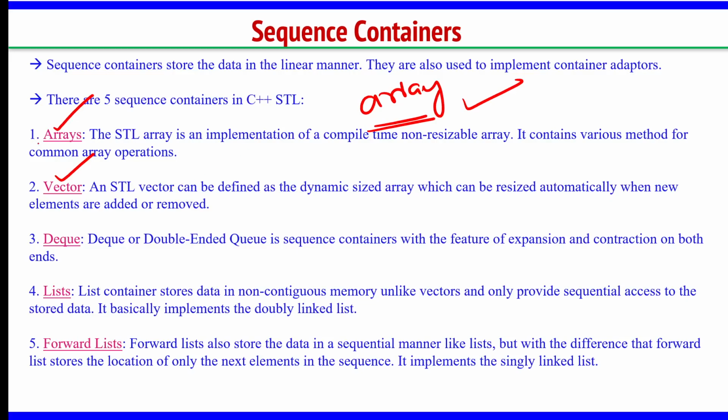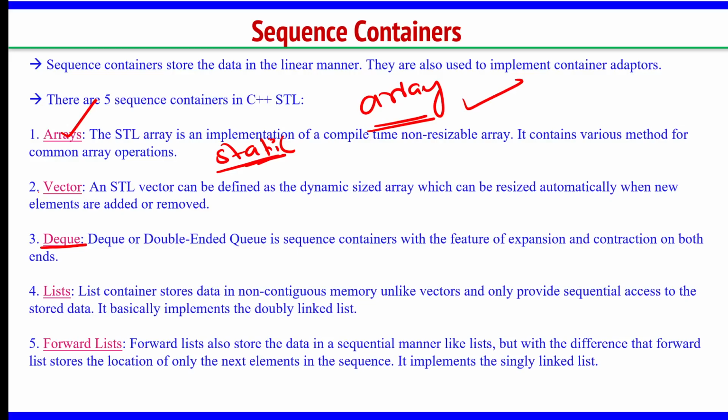Array is for static memory allocation, meaning the size cannot change, whereas vector is a dynamic sized array, which you can resize whenever you want. Both are like arrays only. This array container is static in size, whereas vector is dynamic in size, meaning you can increase or decrease the size whenever you want.